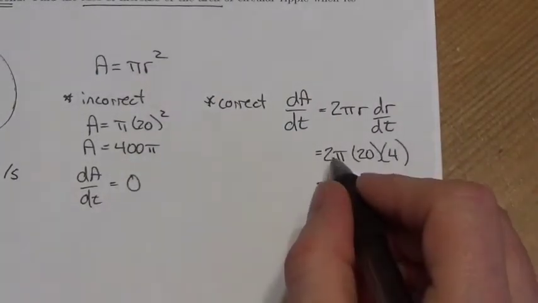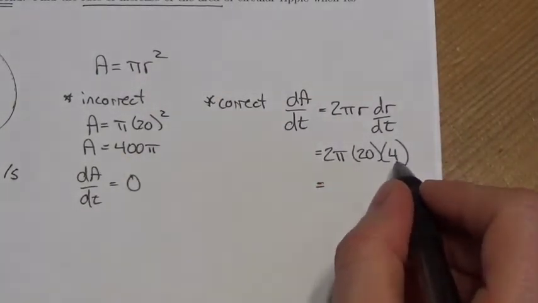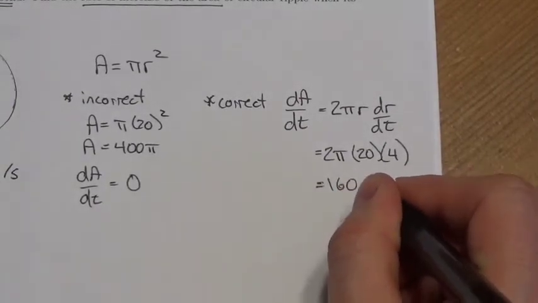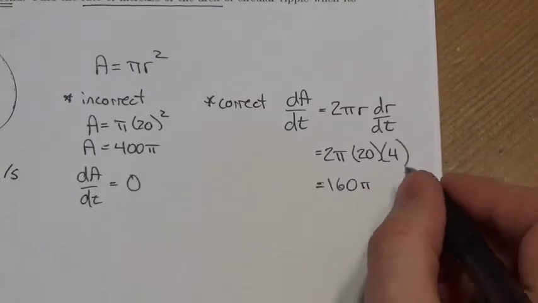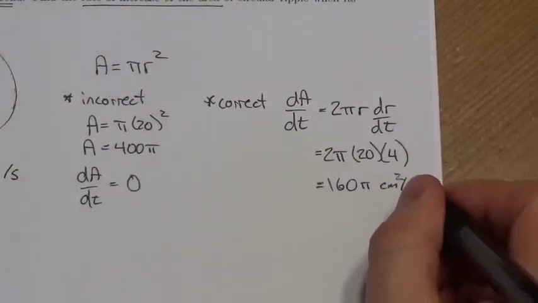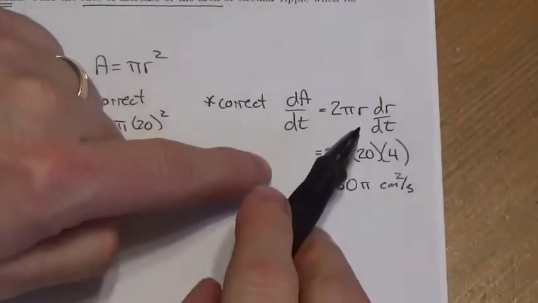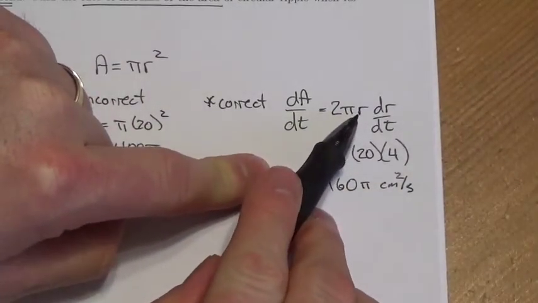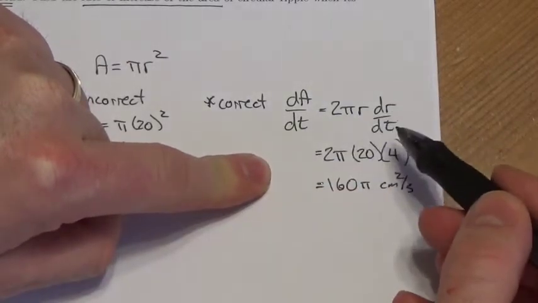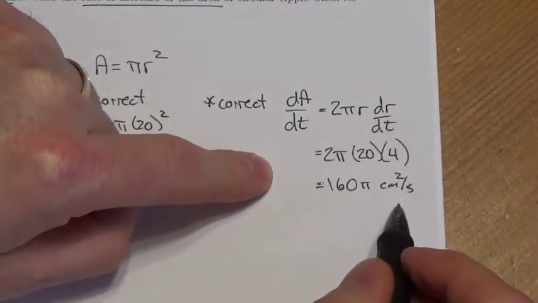So 2 times 4 is 8, times 20 will be 160. The answer here is 160 pi, and whatever our units are, centimeters squared per second. Centimeters squared makes sense because r has units of centimeters, and dr by dt will be centimeters per second.